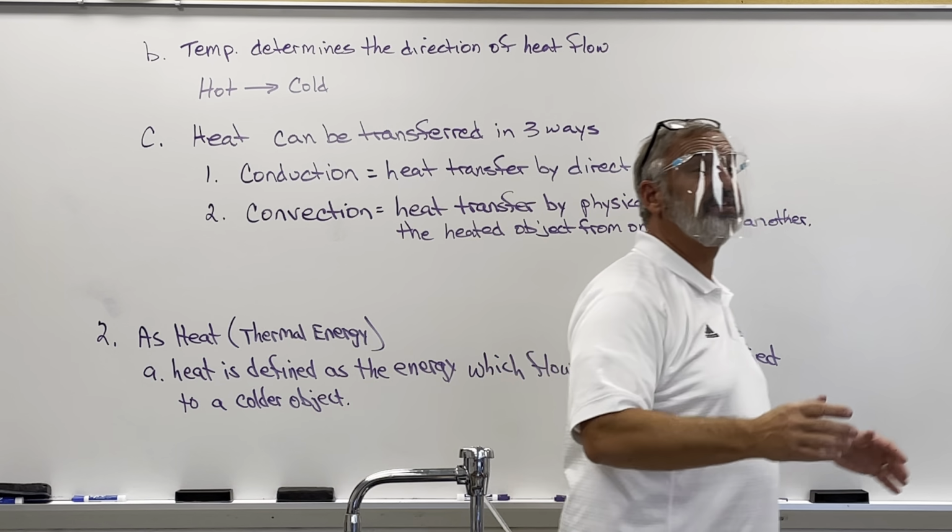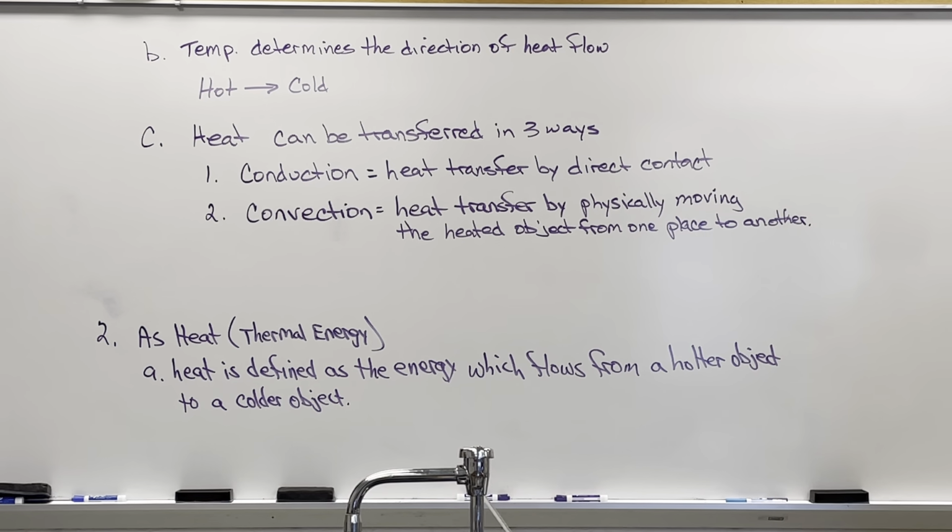So when we're talking about this air conditioner system in here, we are going to use convection to physically move the hot air, the heated air, through the vent to the air conditioner on the other side of the wall. But then that air passes over those cold coils and touches them, and that heat is transferred to those cold coils via conduction. And so then the air gets colder, and as it passes through, then it comes in here.